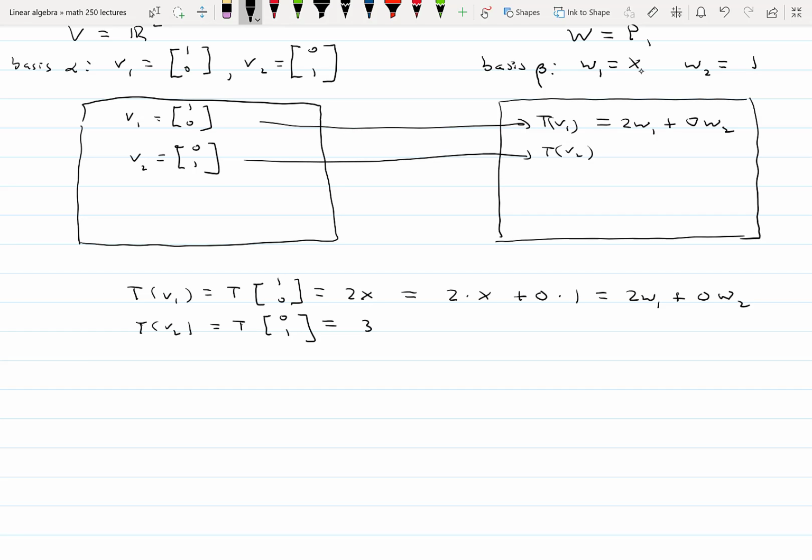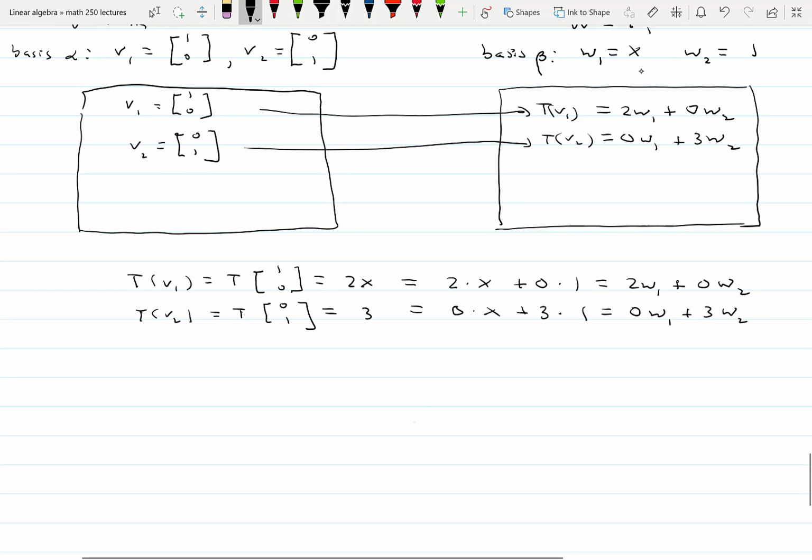So that's what V2 gets turned into: the first degree polynomial 3. Now I want to write that in terms of the basis vectors in W. That is clearly 0 times x plus 3 times 1, or 0W1 plus 3W2.